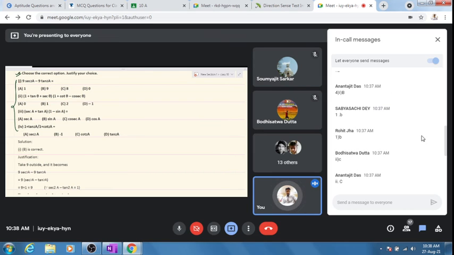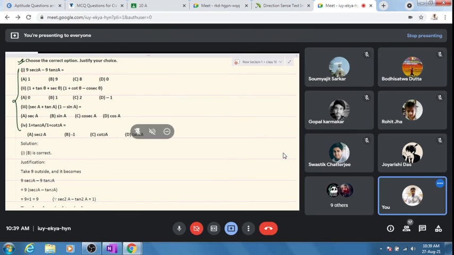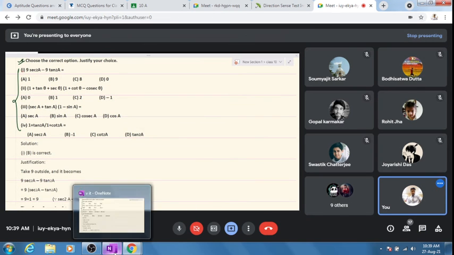Sabyasachi will explain how he got the answer for question number 2. Question number 2 not done. Bodhishwata will explain.